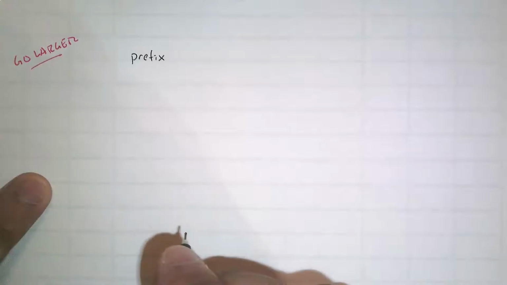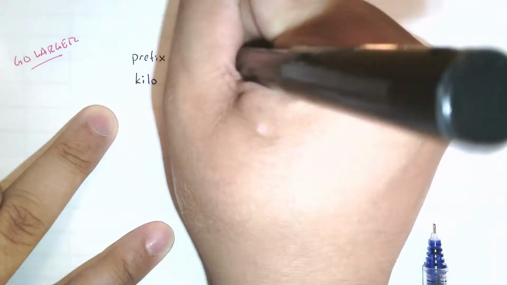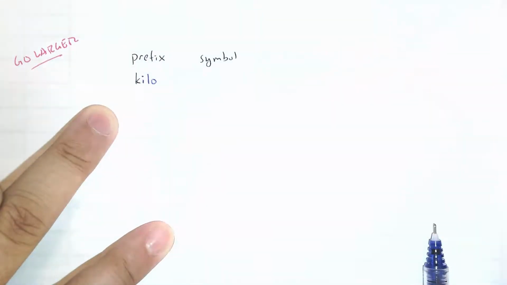Prefix. The first one going larger, we go all the way to 10 to the 3, and that's the kilo. Symbol: little k.